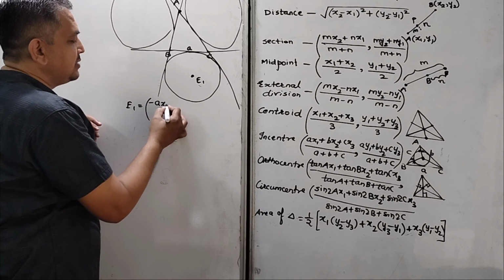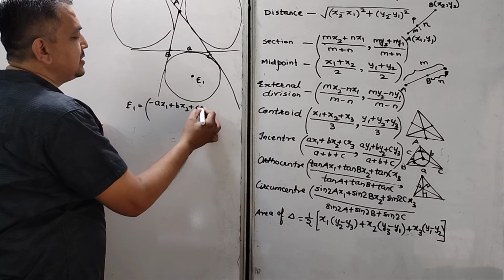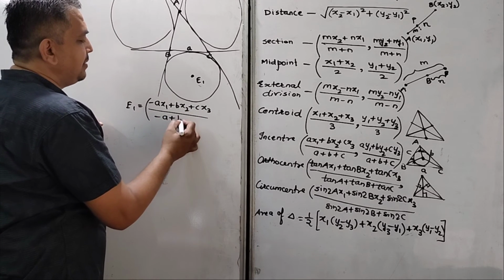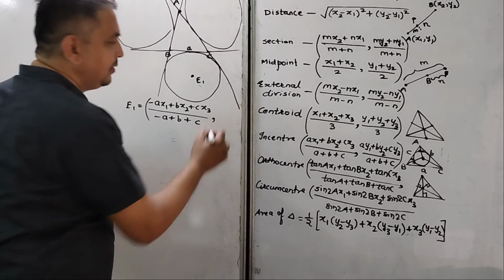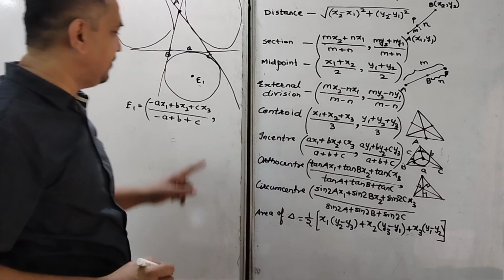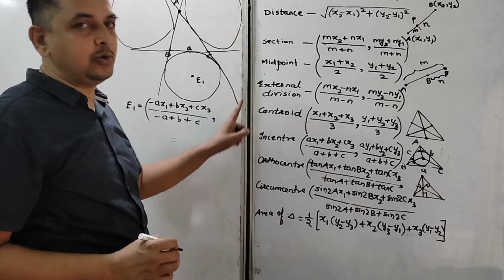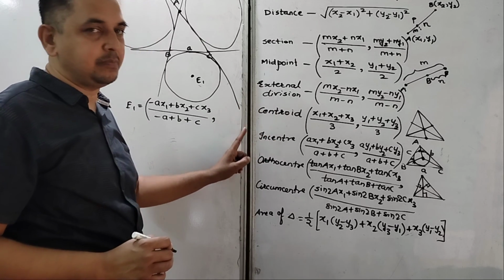Minus A x1 plus B x2 plus C x3 upon minus A plus B plus C. And can you guess the y coordinate? Only A will be replaced by minus A, and so we get minus A y1 plus B y2 plus C y3 upon minus A plus B plus C.